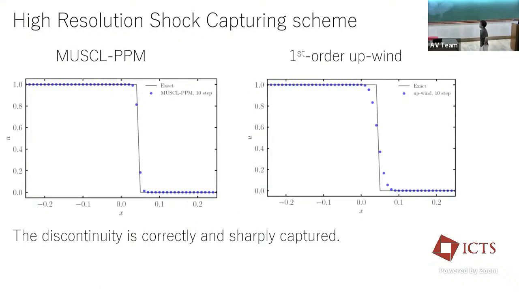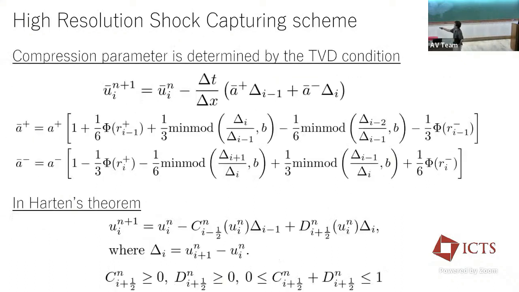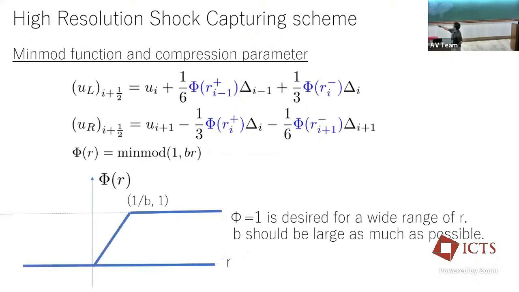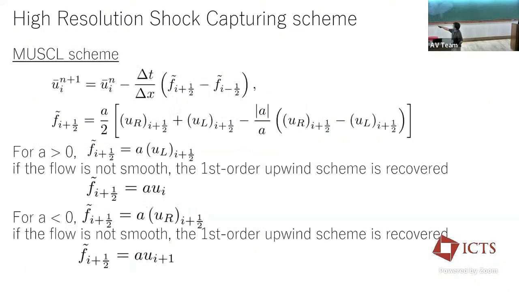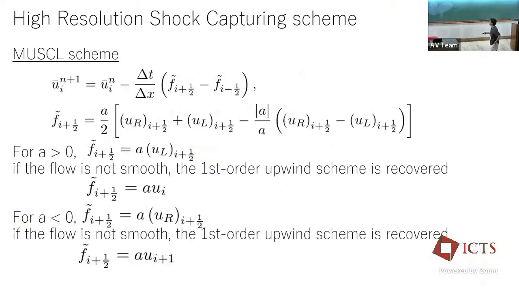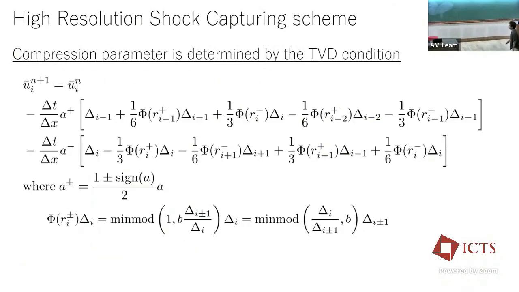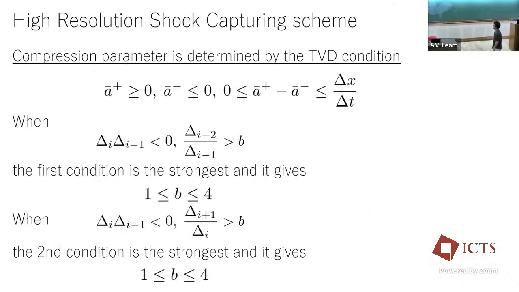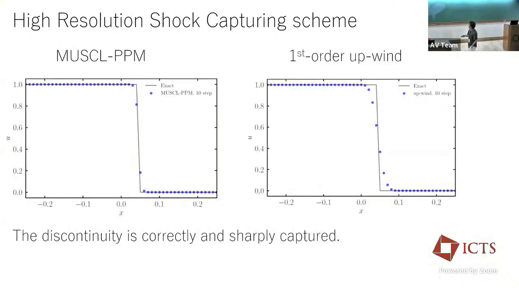Okay, let's apply the MUSCL PPM. So now we have a scheme given like this. And UR and UL are constructed by this equation with a minmod function phi with the appropriate value of B. Then let's solve the discontinuity propagation problem.